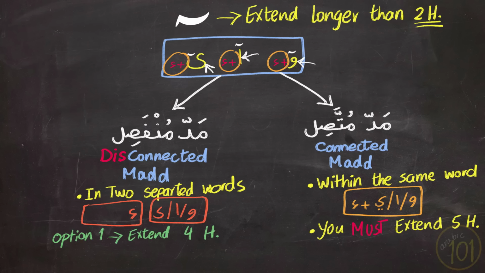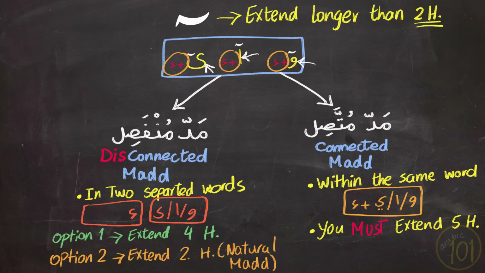And this type of med is optional, so you can choose to skip it. And if you choose to do that, then you should not forget that the letter will still have the natural med of 2 harakat.